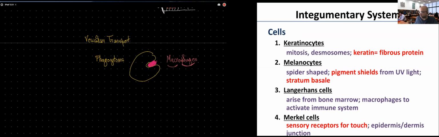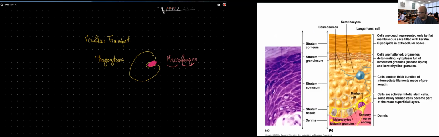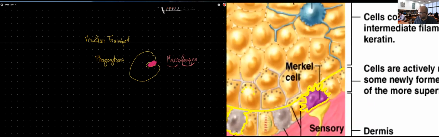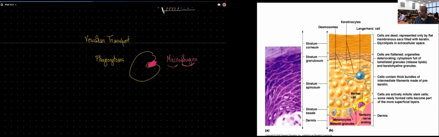Merkel cells are sensory receptors for touch sensation, and they are located at the junction between the epidermis and the dermis. Merkel cells are located between the epidermis and the dermis.